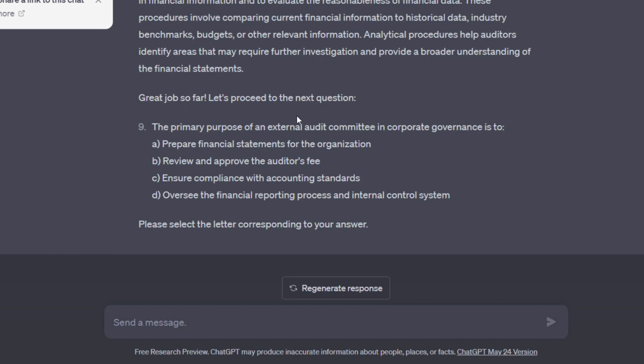Its responsibility is broader than that. Ensure compliance with accounting standards, maybe. Oversee the financial reporting process and internal control system. That's more like it. That's letter D for me.